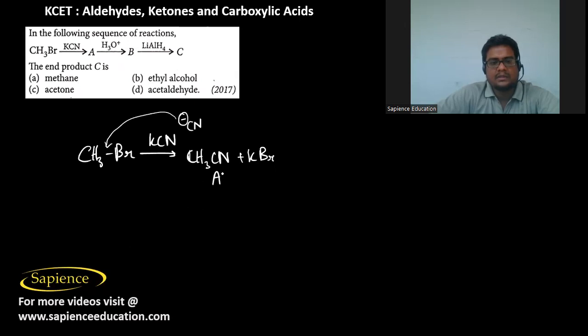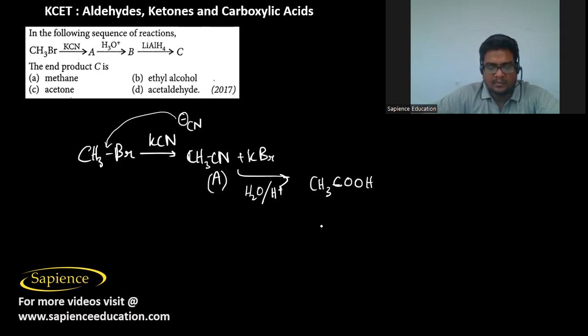So here the compound A is ethane nitrile, and when it is hydrolyzed in the presence of an acid, it will produce CH3COOH, which is the compound B, which is acetic acid.